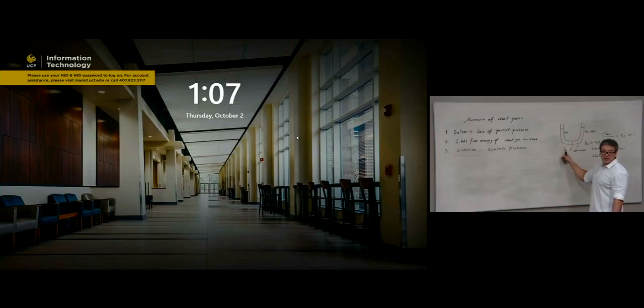Is that true? And then we know that chemical potential is a function of P and T. Then the chemical potential on this end is larger than the chemical potential on the right hand side, right?